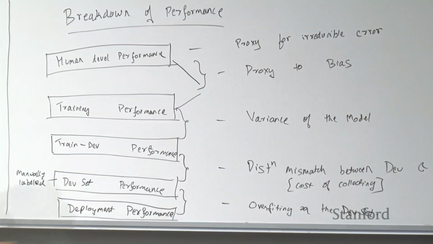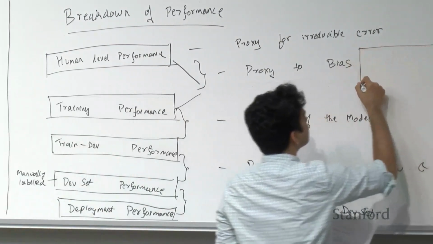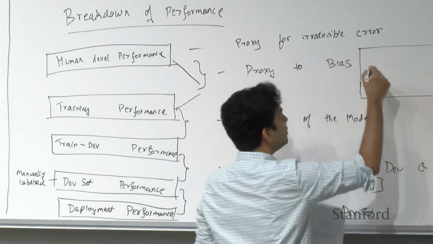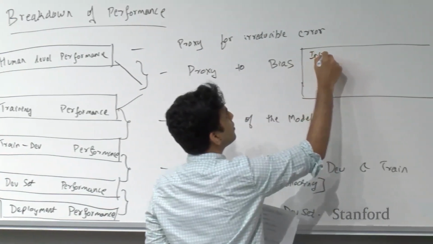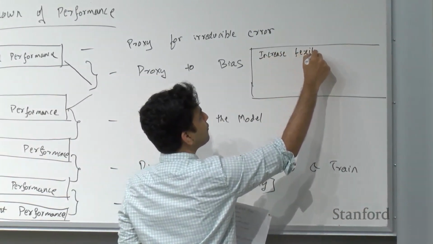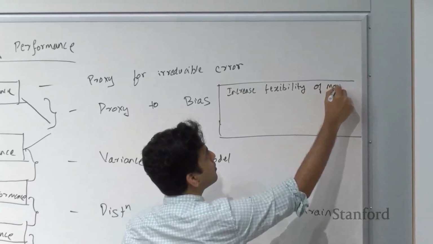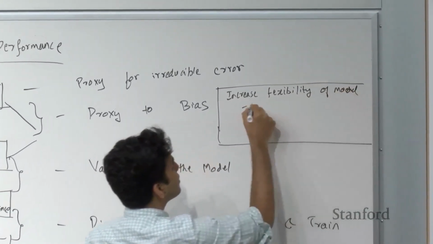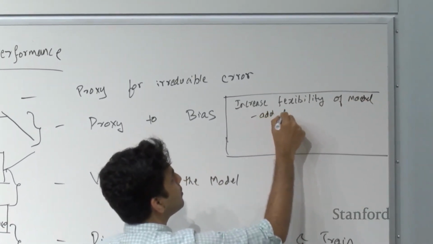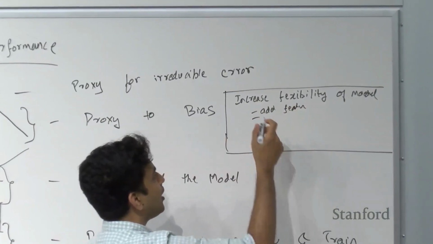So, steps to overcome this: increase flexibility of the model. And how do we increase the flexibility of the model? Add features. And somebody said add more nonlinearities.